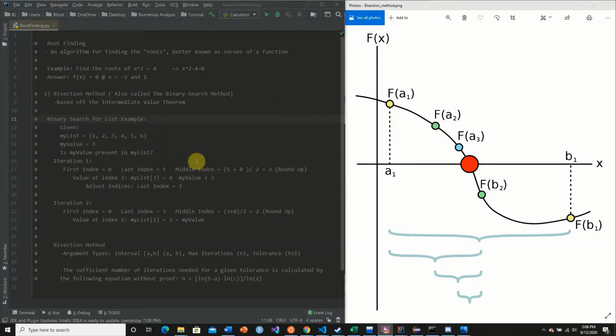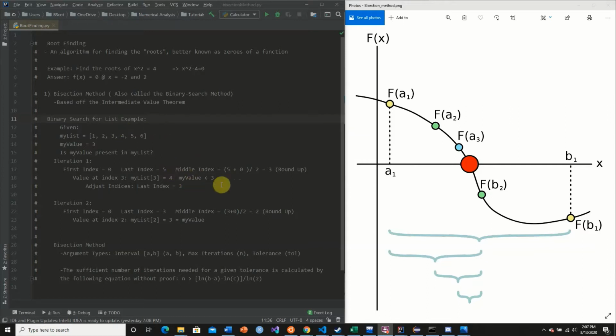What we do is calculate the middle index. We take our last plus our first indices and divide by 2. I'm rounding up here, so we get 5 plus 0 divided by 2 is 2.5, and we round up to 3. So now we get the value at index 3, which is 4. We ask: is the value we're looking for less than or greater than this value?